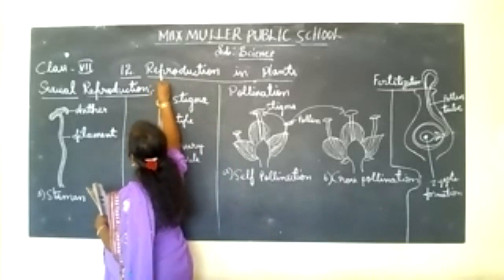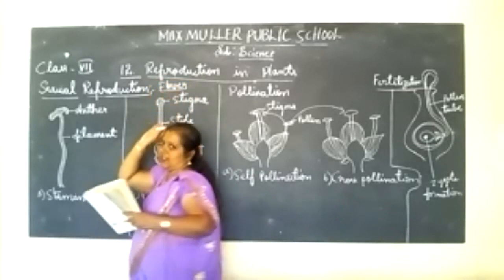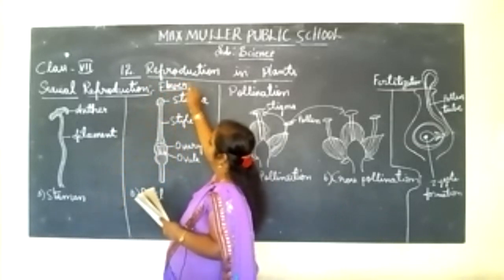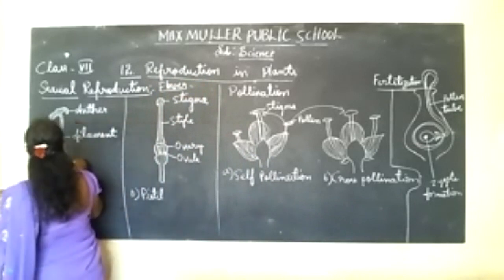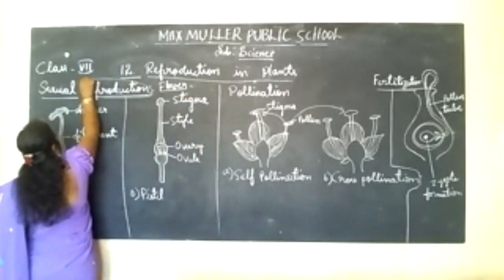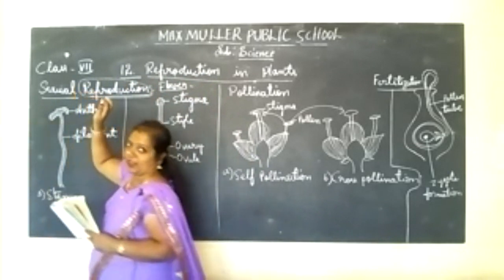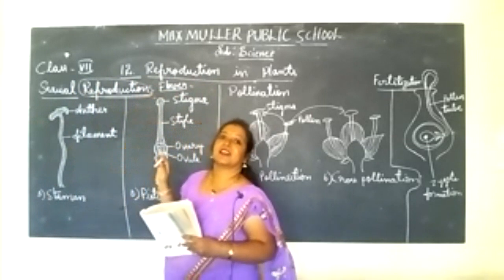So now let us study about the flower and its parts. Flower we will consider as the reproductive part, so we call it sexual reproduction. That means by using the flower, this reproduction is done.